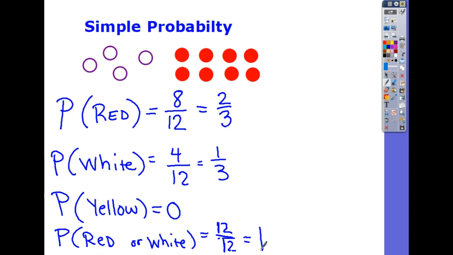You can't have a probability that's less than 0. Most of the time, we write our probability in terms of fractions, but you can also write it as a decimal. I rounded it off. Or as a percent. But most of the time, probability is written in terms of a fraction.